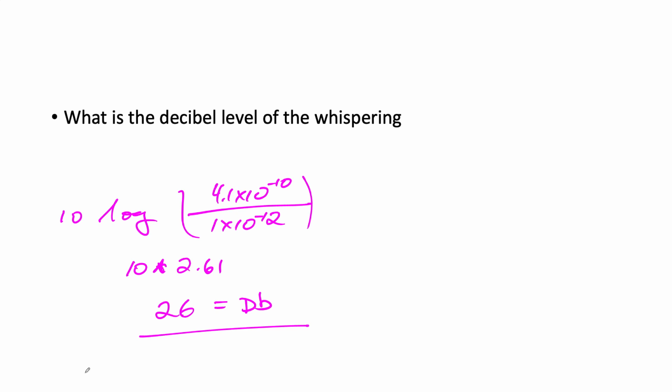So 1 times 10 to the minus 12, the sound threshold, is divided into the intensity of whispering. Take the logarithm of the number, multiply it by 10, and you get 26. And that's the answer. If you have any questions over assignment E, please email me or talk to me during Zoom. Thank you.